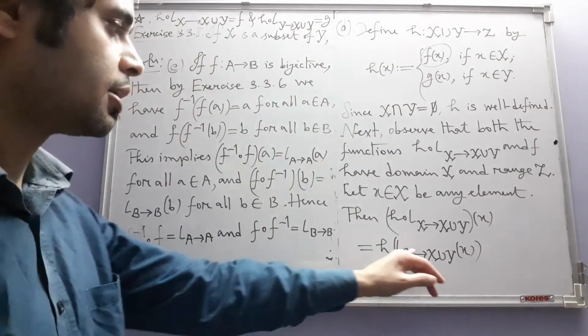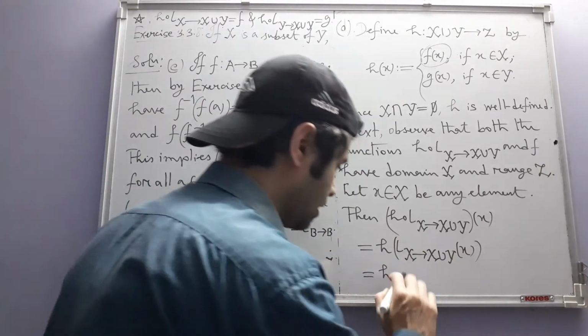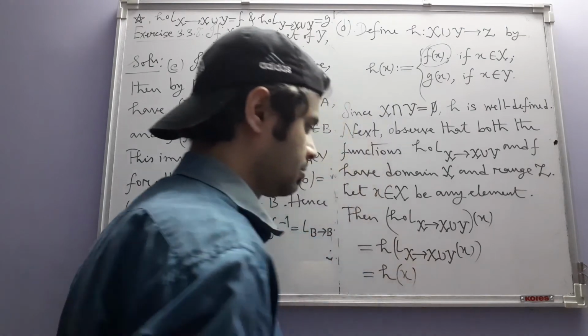Since this is nothing but the inclusion map, the output is x.